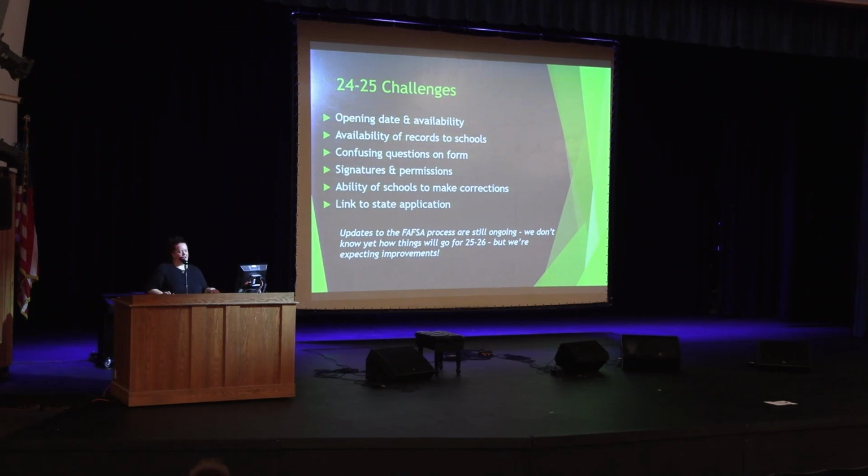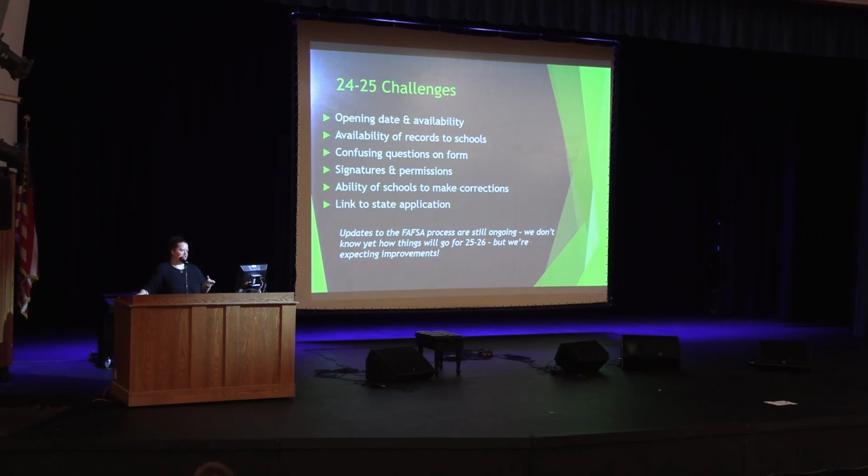So if there are FAFSA issues, don't panic. Know that everyone in the country is having the same issues. A few of the questions are poorly worded. The one question that you'll see when you complete the FAFSA, if parents are completely unwilling to provide information, then students can apply for only the unsubsidized loan.